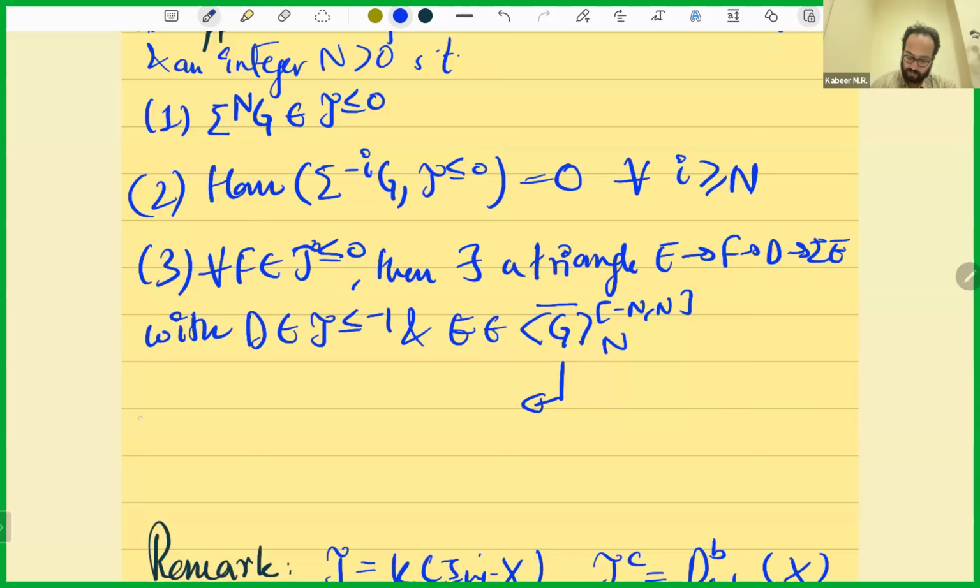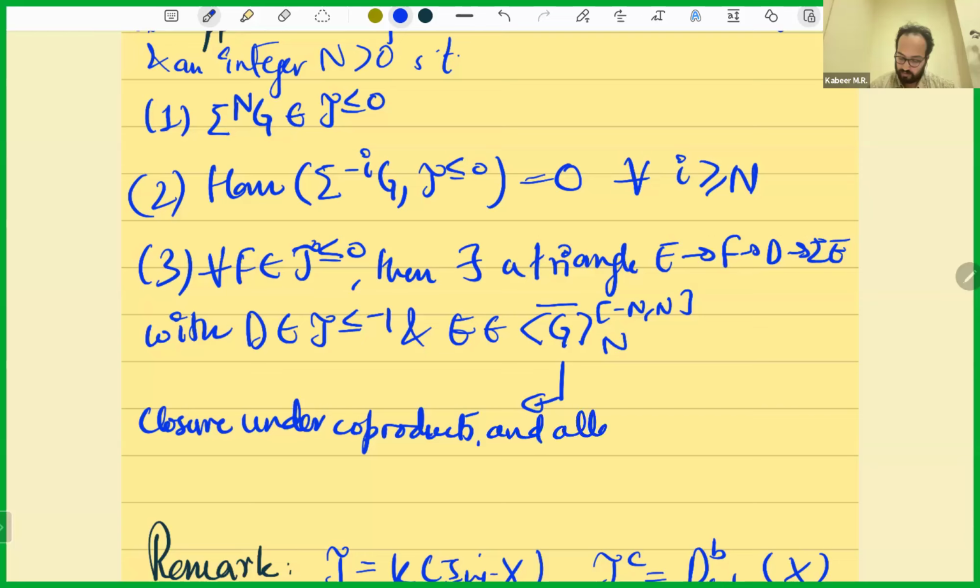This is the closure of G under coproducts. By coproducts, I mean all small coproducts, and allowing at most n suspensions, desuspensions, and extensions.